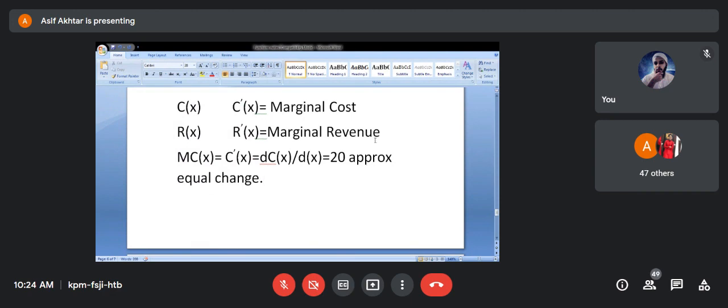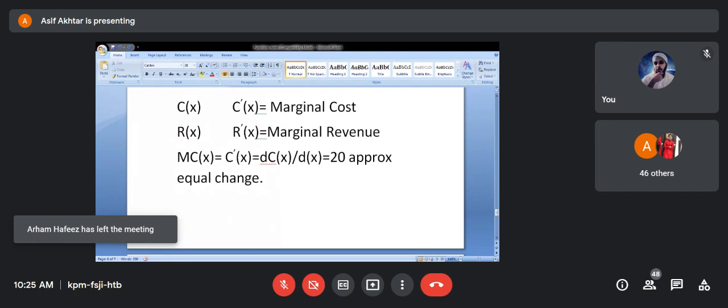Here you have seen that the actual cost is 19.50. However, the marginal cost that we obtained is coming out to be 20, which is quite near to the actual value.